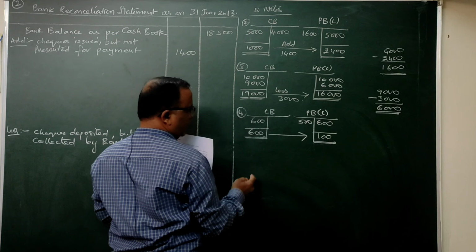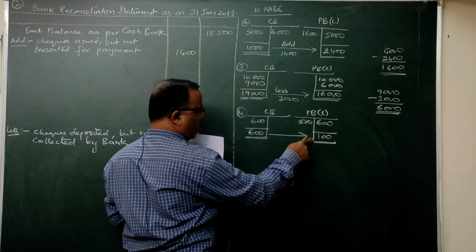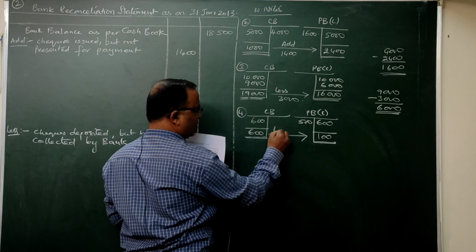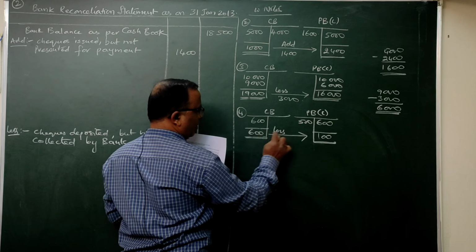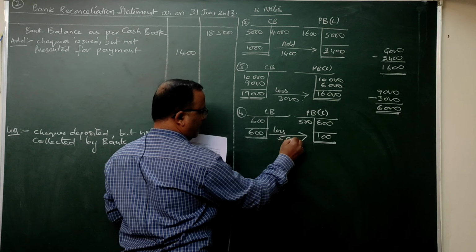What should we do? 600 should be converted to 100. So from this we should subtract. Less how much? The difference between these two, 500.